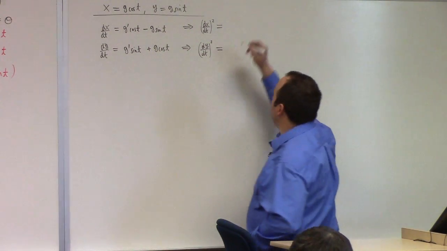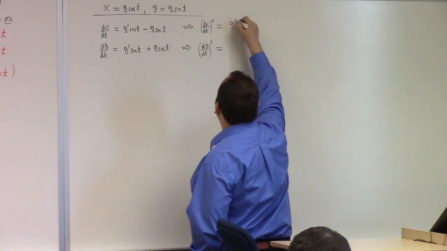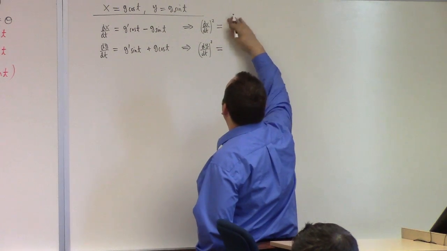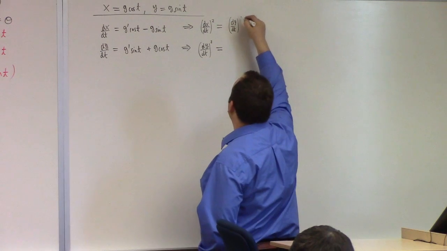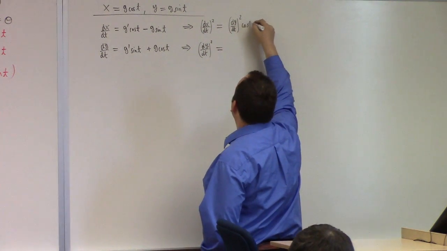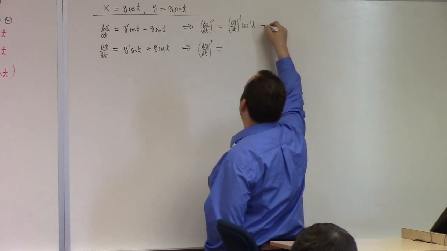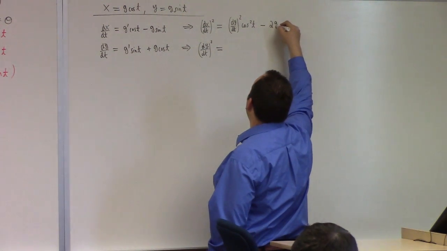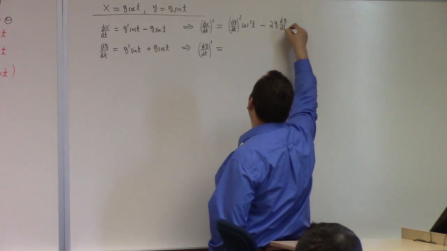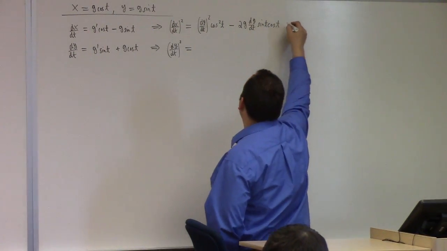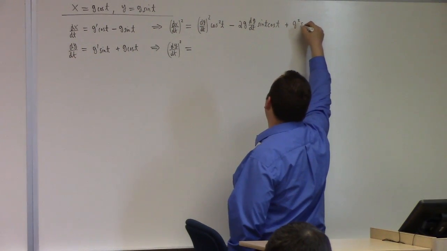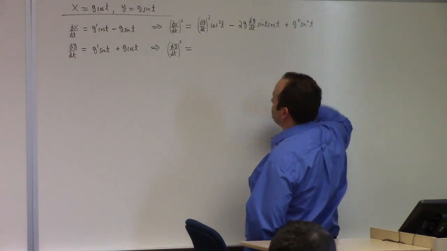We've got dg dt, I'm tired of the g prime, it's easier to see, squared, cosine squared t, minus 2g dg dt sine t cosine t, and then plus g squared sine squared t.